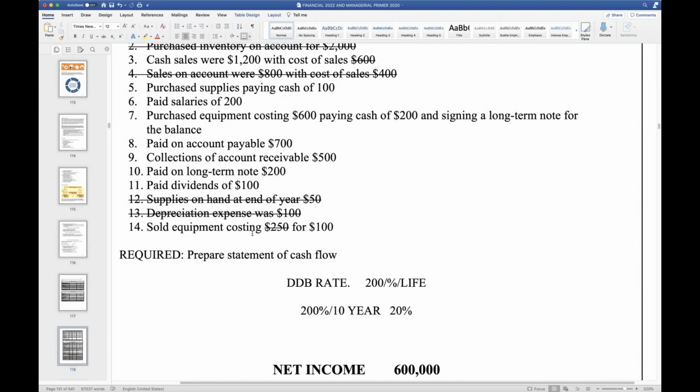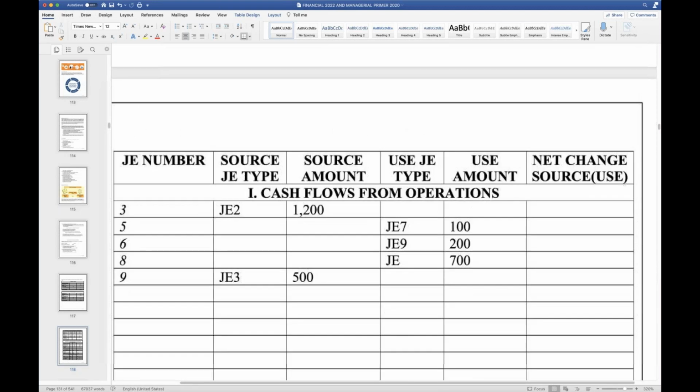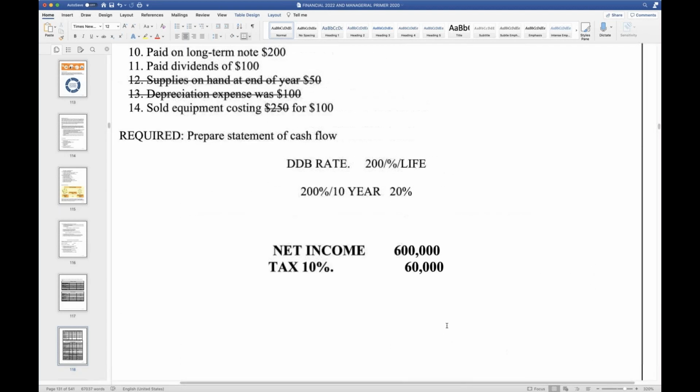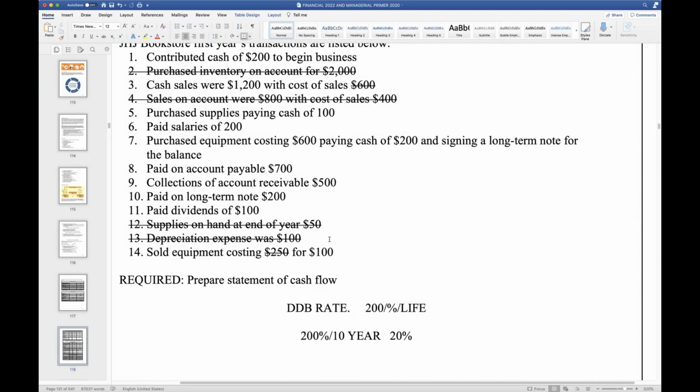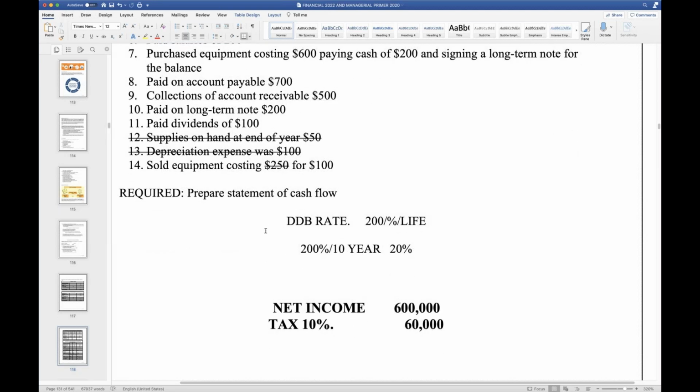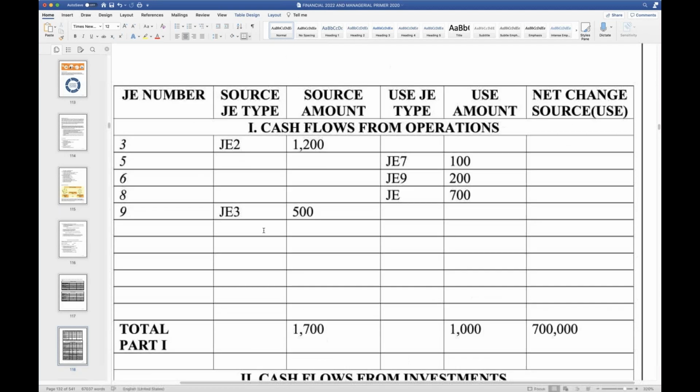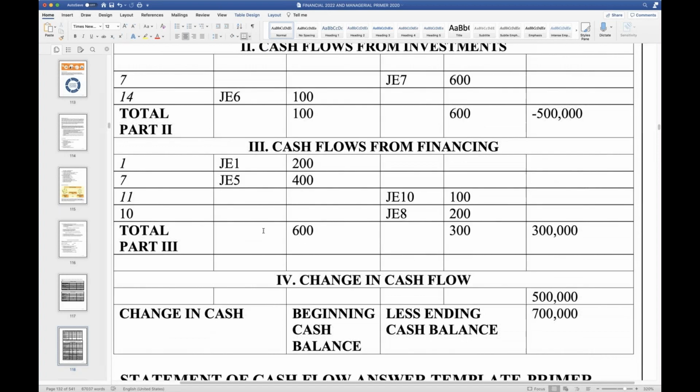Paid on accounts payable. That's once again payment of a liability. That's going to be up here in the top. Collection of accounts receivable, $500. We talked about that. Paid on a long-term note, $200, and paid a dividend. When we pay on the long-term note, it's going to be here, $200.